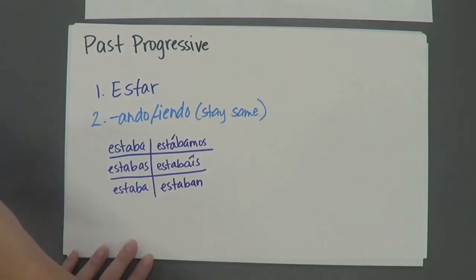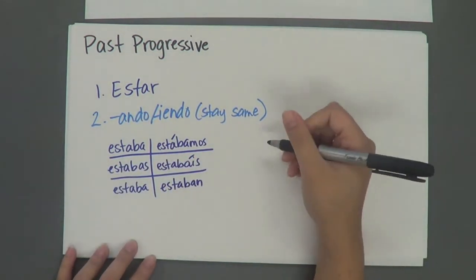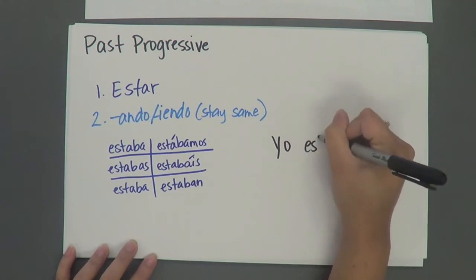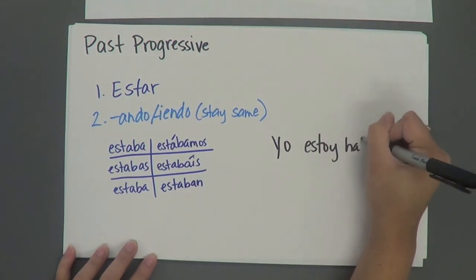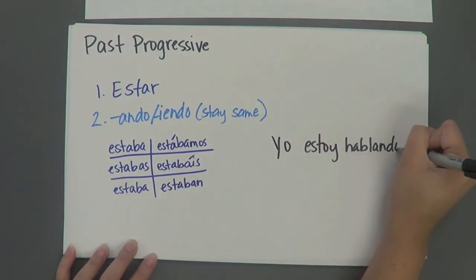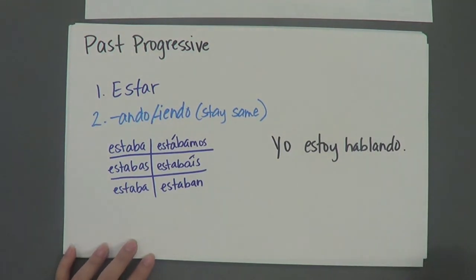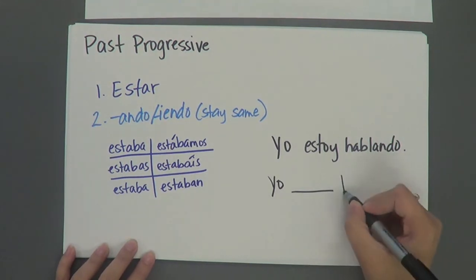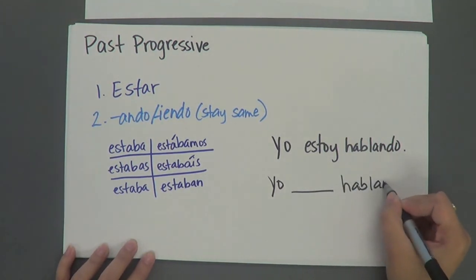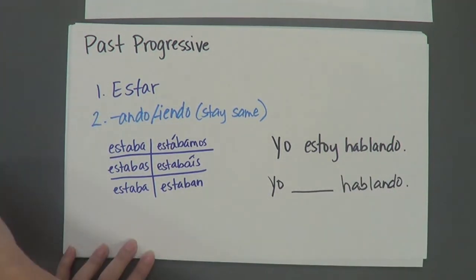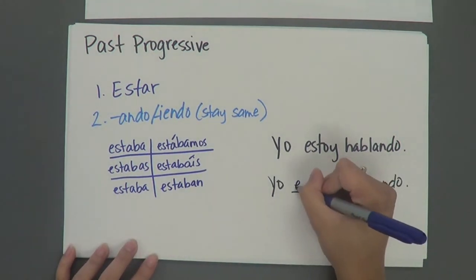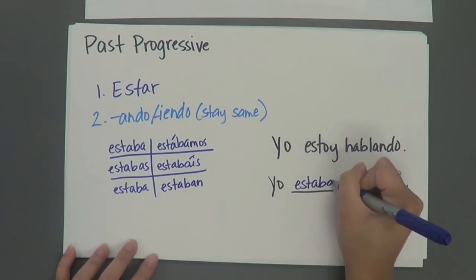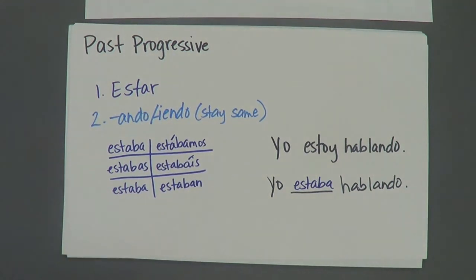So if we take that same sentence that we did with the present progressive, the yo estoy hablando, the only thing we would need to do to change it to the past progressive would be to keep our subject pronoun the same, keep hablando the same, and simply change the estar. So yo estaba hablando. And that's the present and past progressive.